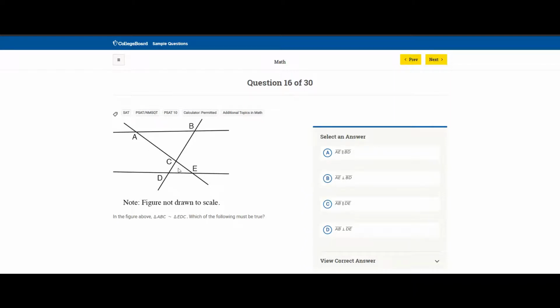This one, I don't think you can end up proving that with anything. You just know these are vertical angles. So, AB is congruent to DE is the only one that can actually be technically true in this instance. Most likely because of the fact that those are alternate interior angles. If the alternate interior angles are congruent, that means that these are forced to be parallel lines. So that's how you would know that's the answer if you want to do it mathematically speaking and not, oh, the picture looks kind of like they're parallel, I guess.